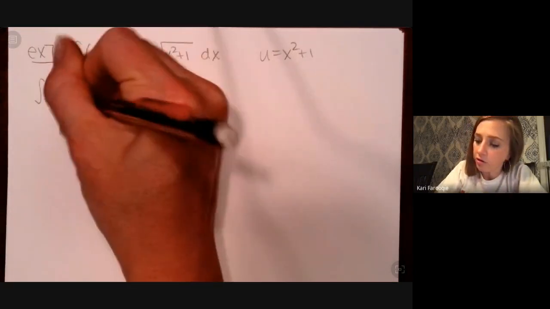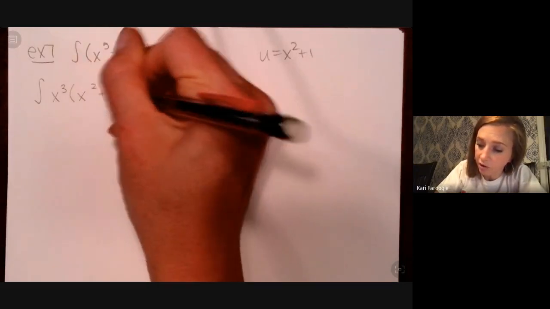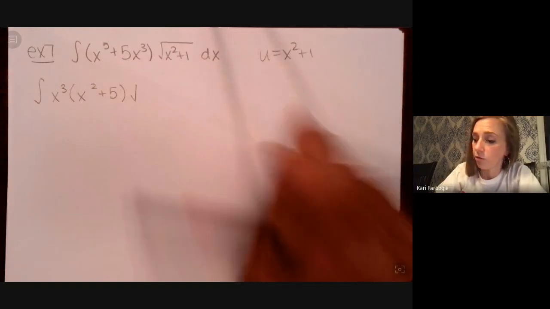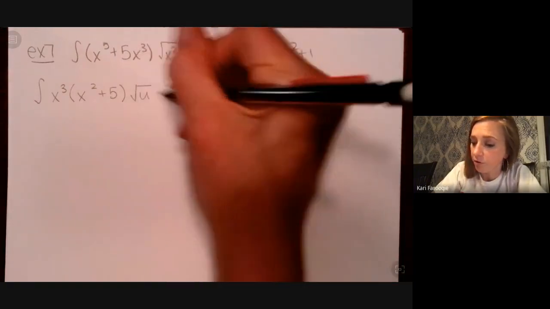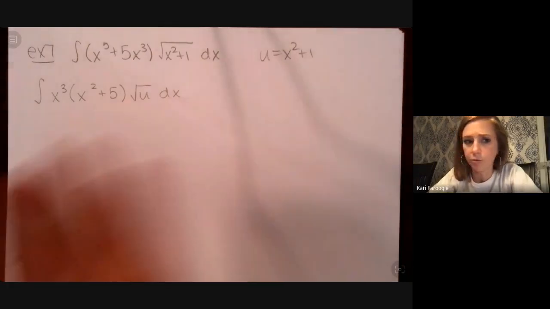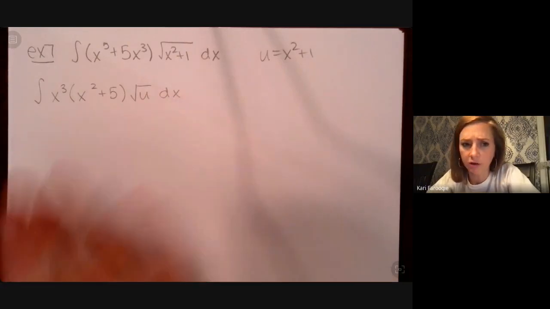So if you factor out the x cubed, that leaves you with x squared plus 5. And now we have u under the radical, but we haven't subbed out the dx yet. So we're going to have to do that. But this is what we've got so far, which is a mess. We can't have two different variables and the same integral in this case and evaluate it.